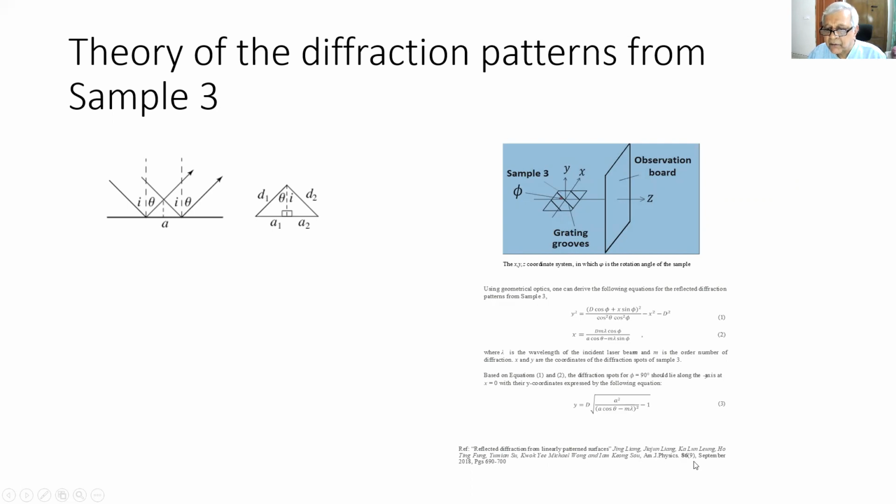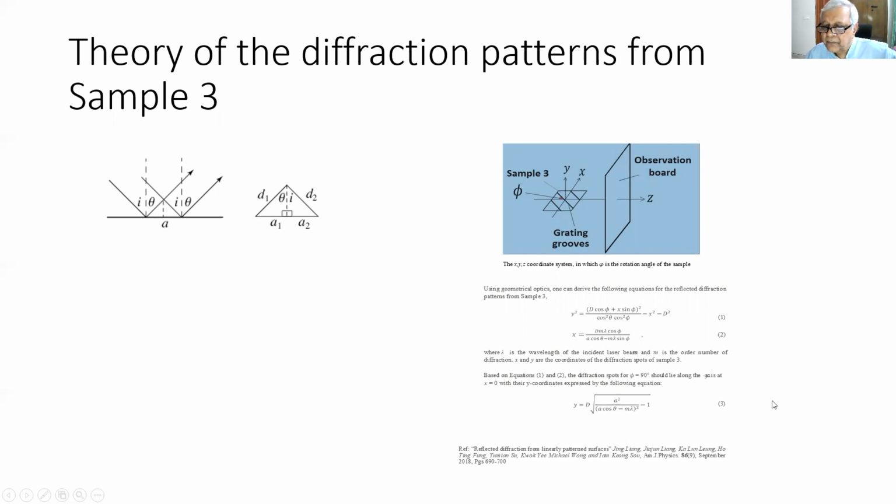This is American Journal of Physics, 86-9, September 2018, pages 690 to 700. So, as is evident from here, if phi is 90 degrees, then of course x is equal to 0, and therefore we get a straight line for various y's. Y satisfies this equation. If we place x there and do a little bit of algebra, y is exactly equal to this.